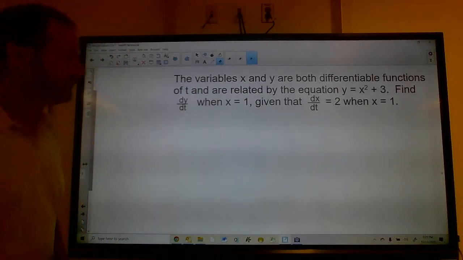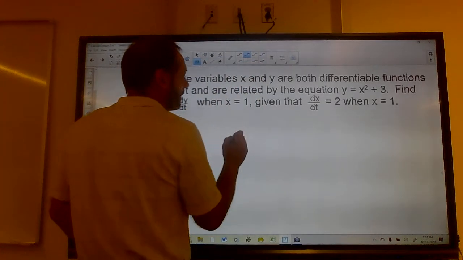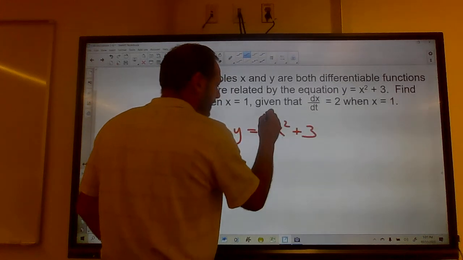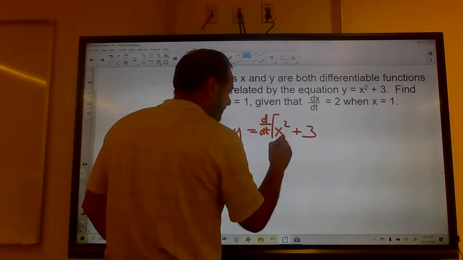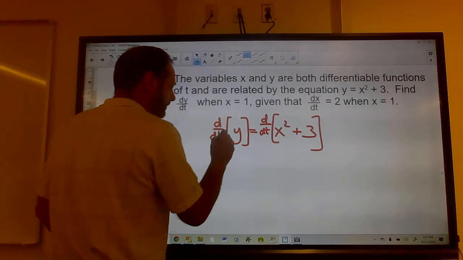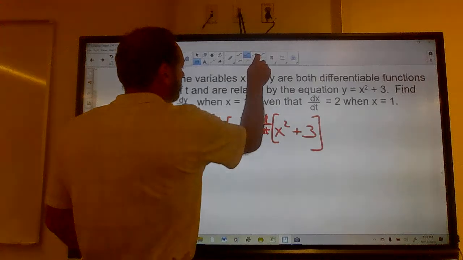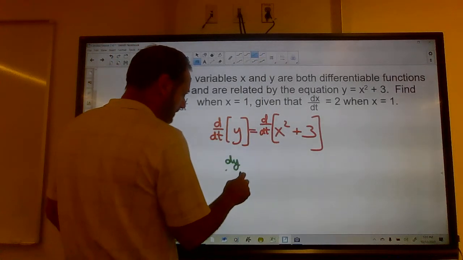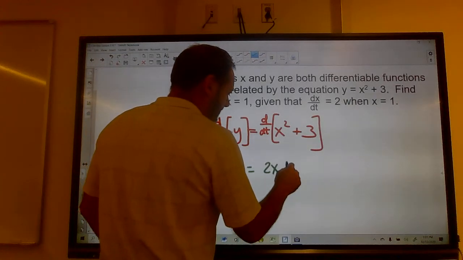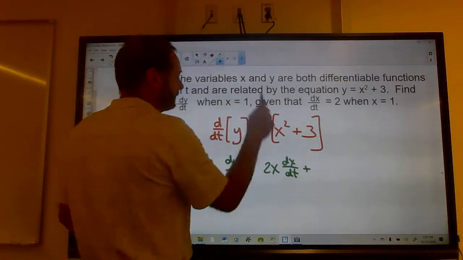The first thing we're going to do is take our equation, y equals x squared plus 3, and differentiate both sides with regard to t. Over here we get dy/dt. Over here we get 2x dx/dt plus 0.